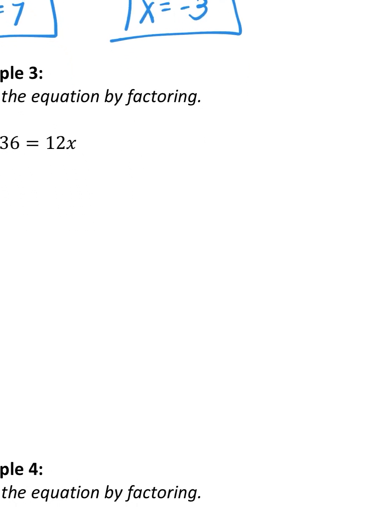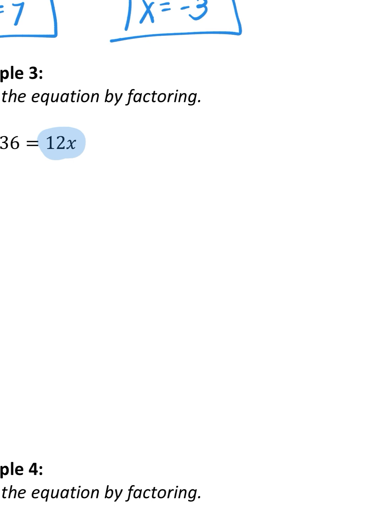Well, according to our rules of solving by factoring, we need to make sure it equals what? Yeah, it needs to equal 0. So is this problem set to 0? Well, no, it's equal to 12x, and we don't want that. So we can move terms around as much as we want. We just have to follow the rules of math. So I'm going to move this negative 12x to the other side.